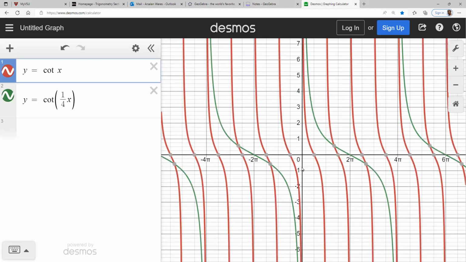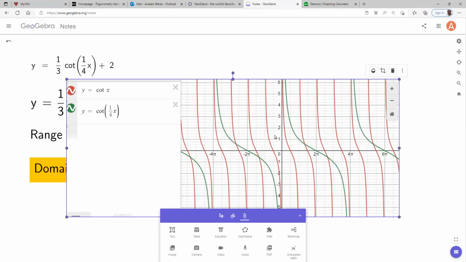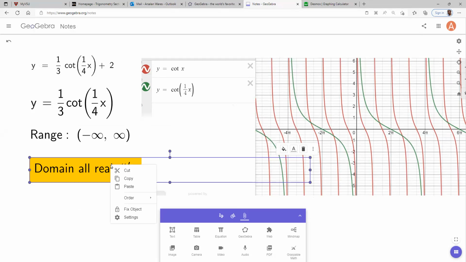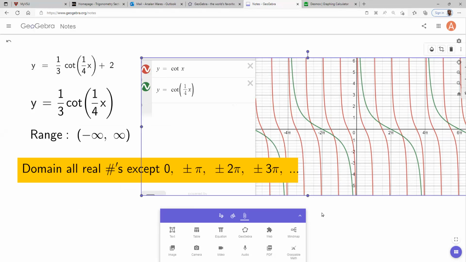Okay, so it's a horizontal stretch. Let me grab this curve so that we can show you why it's a horizontal stretch. All right, so this is a horizontal stretch.